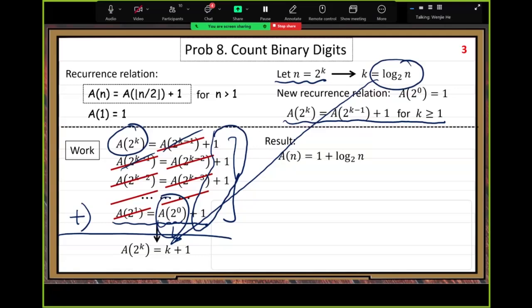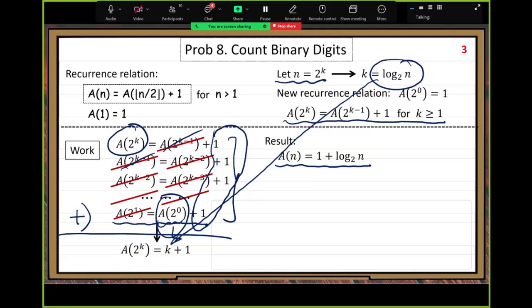That's the final answer. All right, so we have the final mathematical formula for the solution to get the number of bits for integer n.